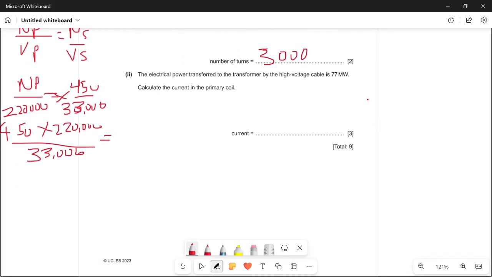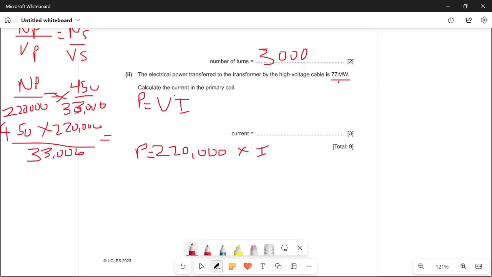The electrical power transferred to the transformer by the high voltage cable is 77 megawatt. Calculate the current in the primary coil. So we know that power is voltage times current. So we're asked to find the current in the primary coil. So the voltage in the primary coil is 220,000. So power is equal to 220,000 times I. So we have 77 megawatts.